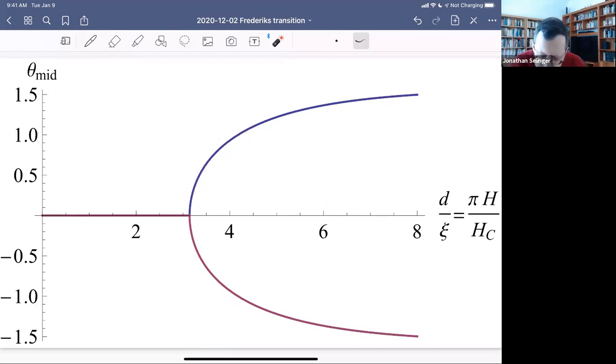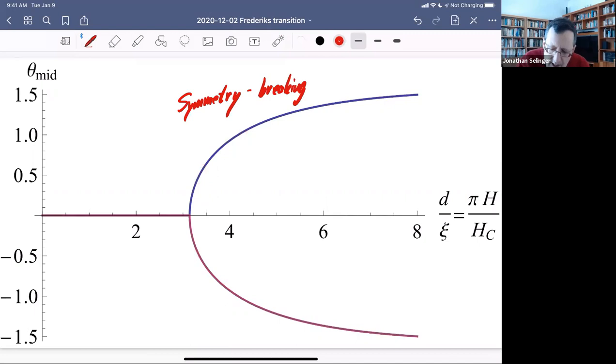So this is a symmetry breaking transition. It is a transition where we go from a state where the y and negative y are equivalent to each other to tipping one way or the other.